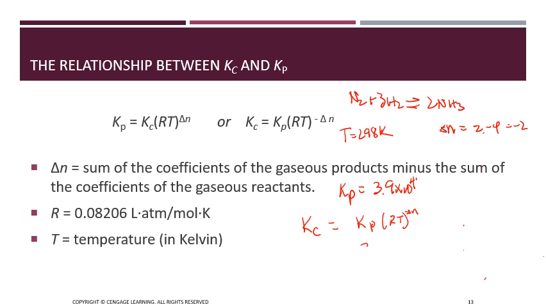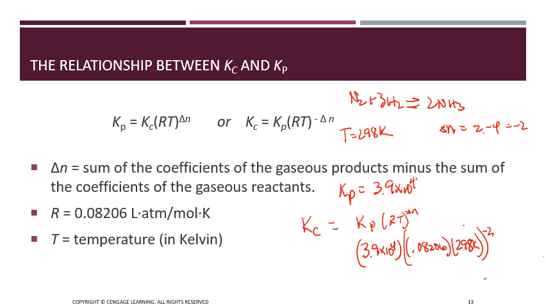So I would take my value, 3.9 times 10 to the 4th, multiply that times 0.08206 times 298 Kelvin, and we're going to raise that to the negative 2.